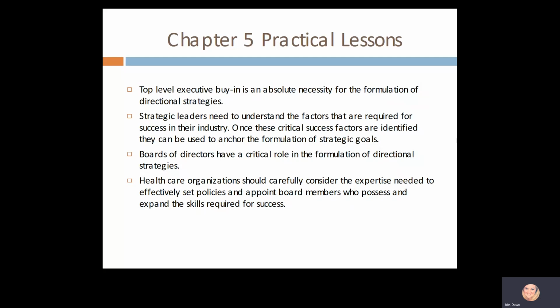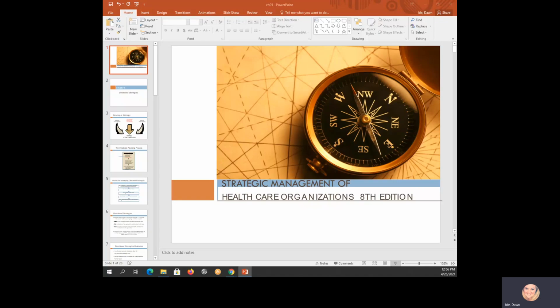Top-level executive buy-in is an absolute necessity, or it's not going to happen. Strategic leaders need to understand the factors that are required for success in their industry. Board of directors have a critical role, of course, in the formulation of all of these directional strategies, and healthcare organizations should carefully consider the expertise needed to effectively set policies and appoint board members who possess and expand the skills required for success there.